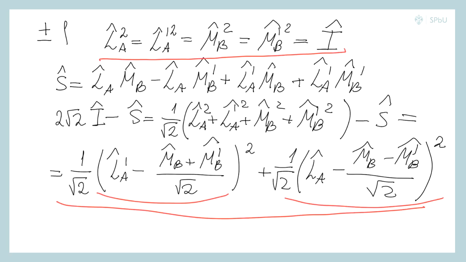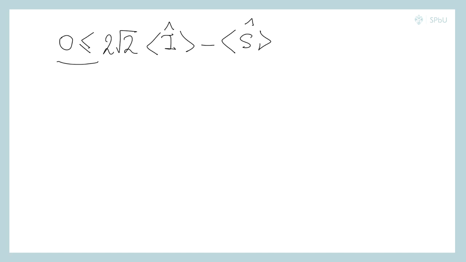We see it because we got it on the left hand side here, and here we got the sum of 2 squares. So the averaged identity matrix obviously equals 1. And that's why the averaged S is less than or equal to 2 square roots of 2.